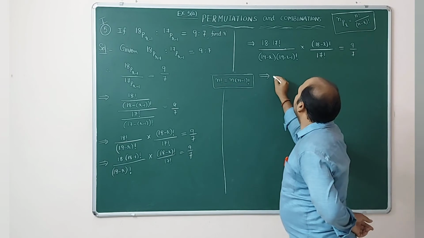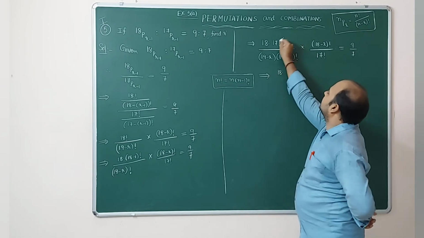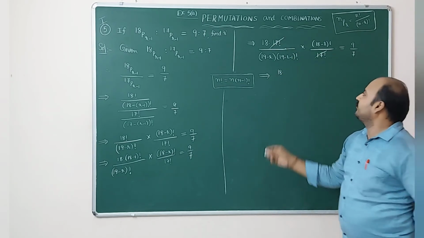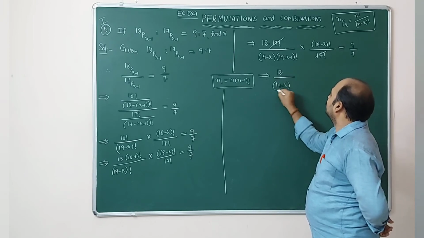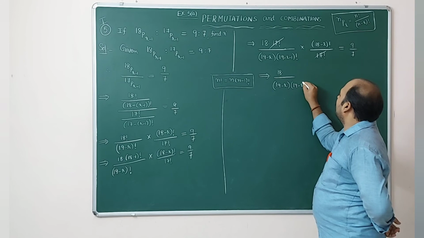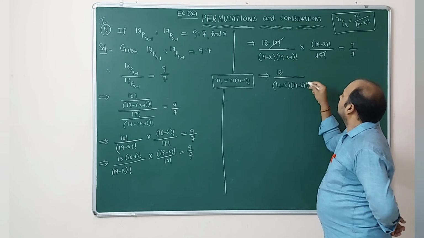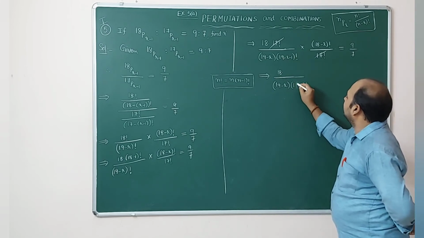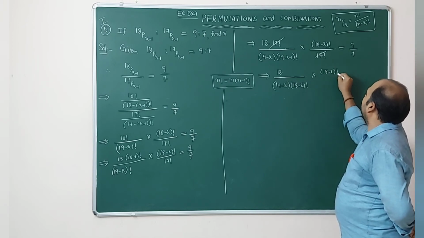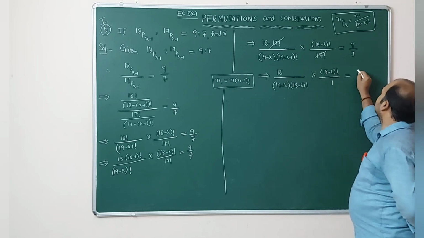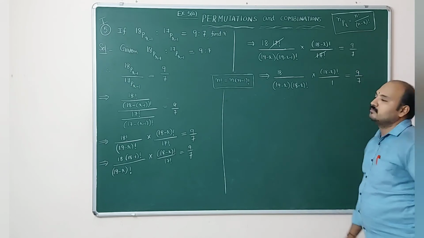So that implies that 18 into, here 17 factorial, 17 factorial cancel. So 18 by 19 minus r into 19 minus r minus 1 factorial, into 18 minus r factorial by 1, which is equal to 9 by 7.